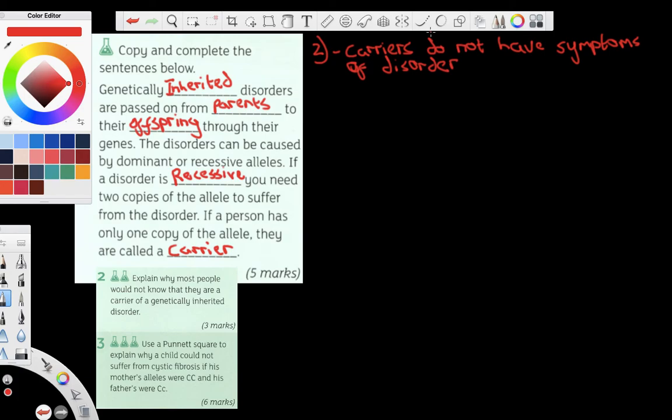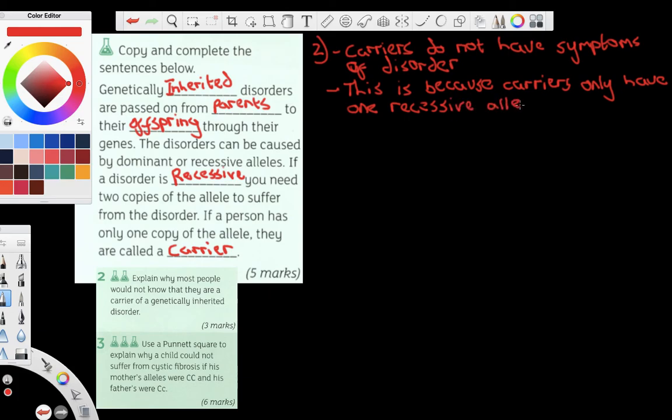Now, this is because you only have 1 recessive allele. So we can put, this is because carriers only have 1 recessive allele. Okay.